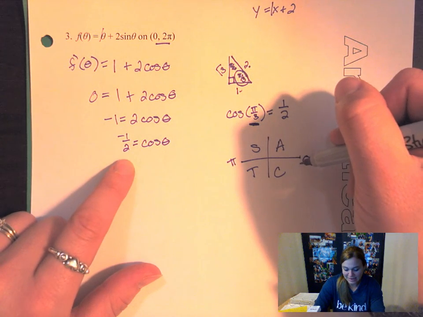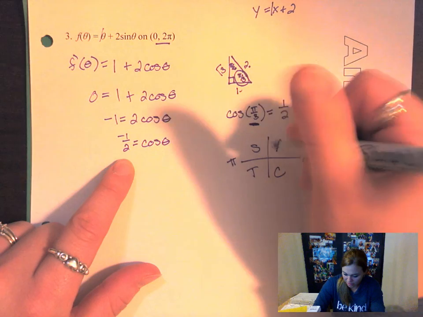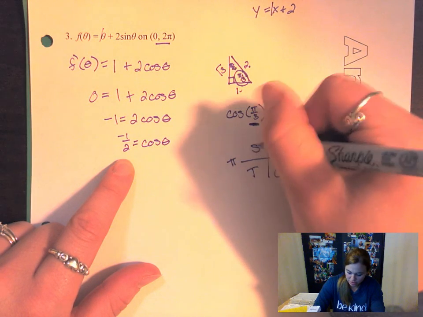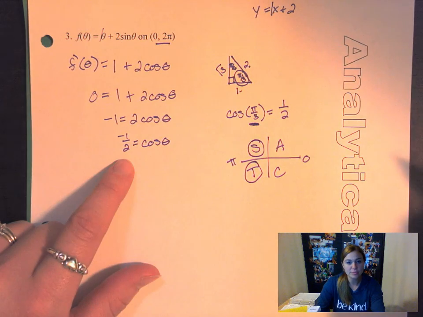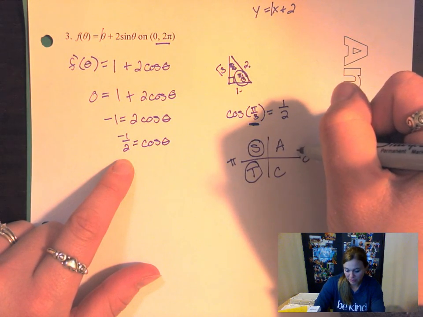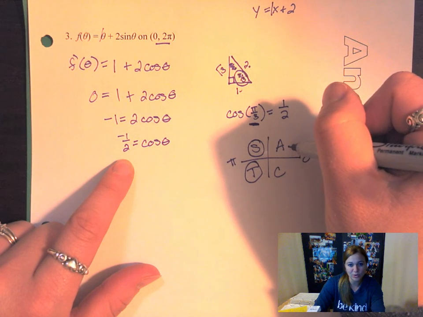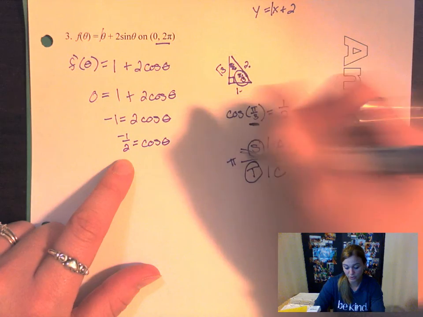But if I say negative 1/2, I would have to be in a quadrant where cosine is negative. So here or here. So I'm thinking, okay, I've got pi over 3. Pi over 3 is in the first quadrant, so that's not going to work. What about 2 pi over 3? 2/3 of the way to pi, that'd be in this quadrant.